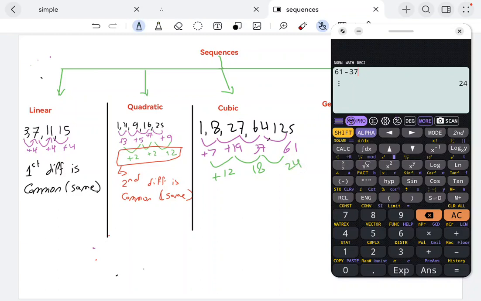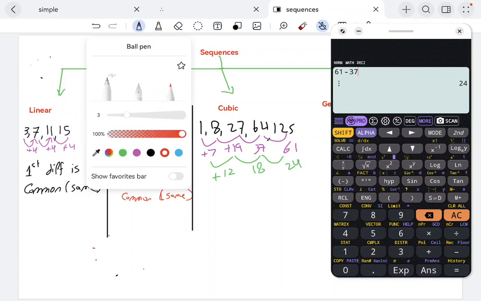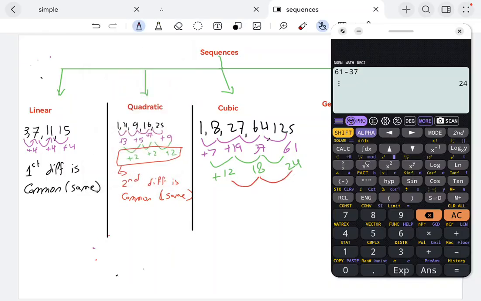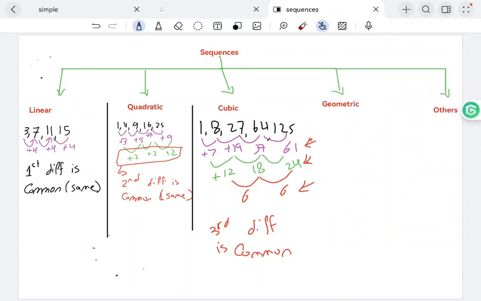And as you see, guys, the third difference is 6 plus 6. So that is a cubic sequence. Why? First difference is not the same. Second difference is not the same. But third difference, sorry for my bad handwriting, third difference is common. That's a cubic sequence. Let's go now to the geometric sequence.